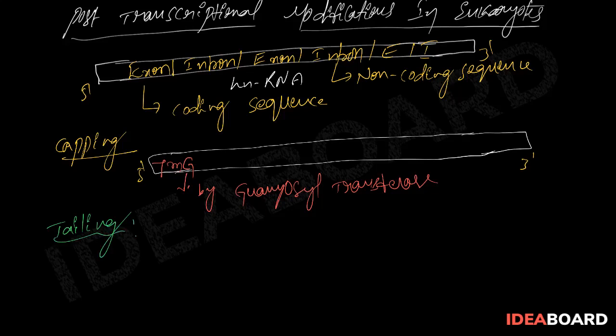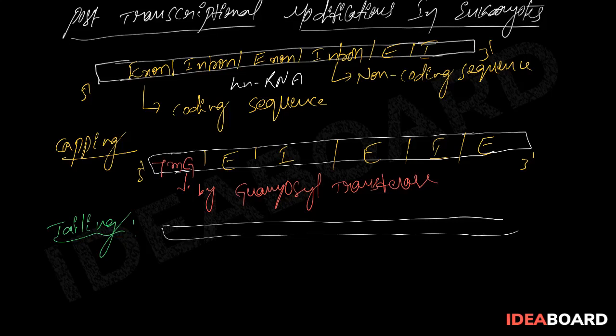These are exon, intron, exon, intron, and then exon. 5', 3', and 7-methylguanosine is already present at the 5' region, followed by exons and introns. The introns are also called intervening sequences, and together with the exons they are known as split genes.